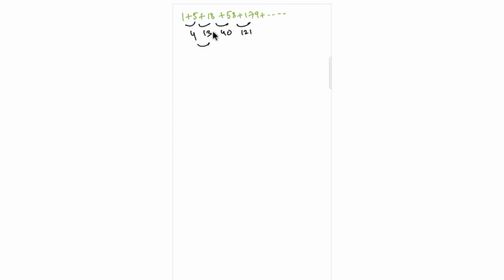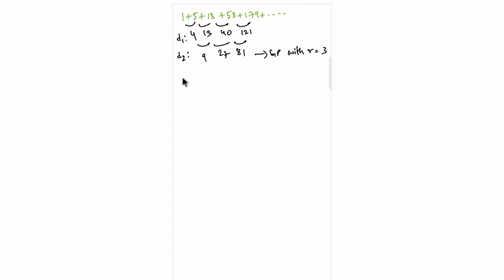This is D1. Then D2 is 9, here it is 27, here it is 81, so it goes on. So if you see the D2, it's a GP with R equal to 3, because the common ratio is 3. So the second set of differences follows a pattern, and that is a GP.